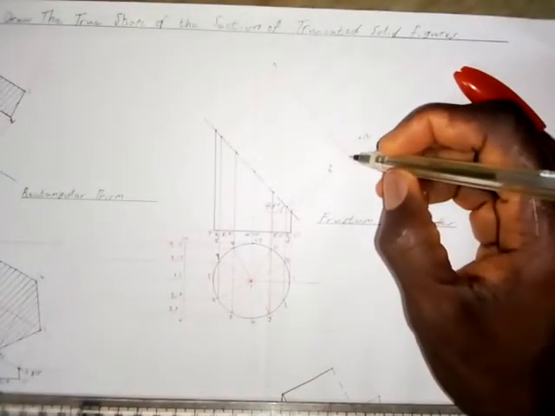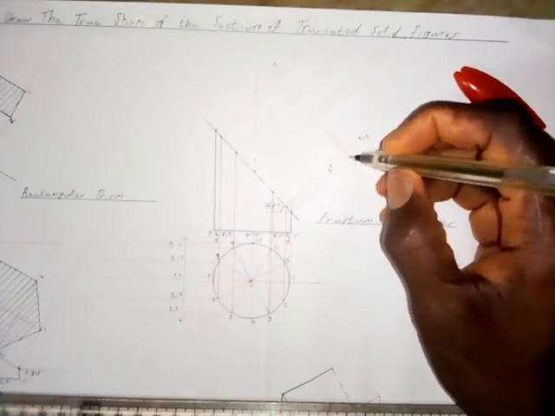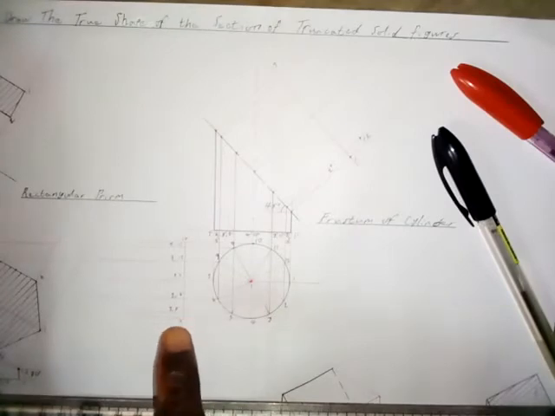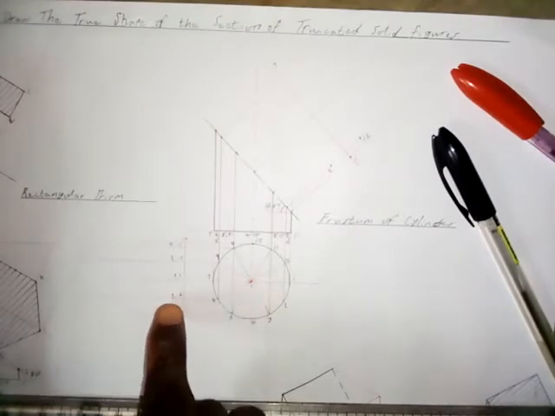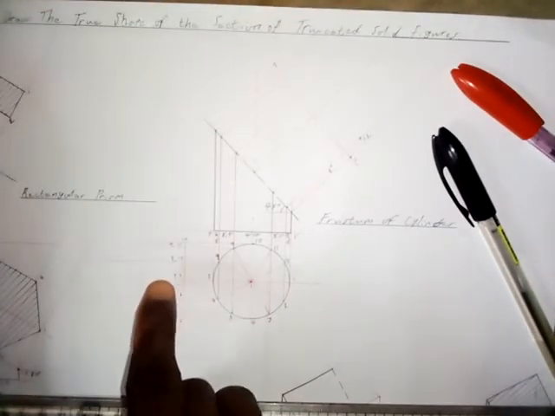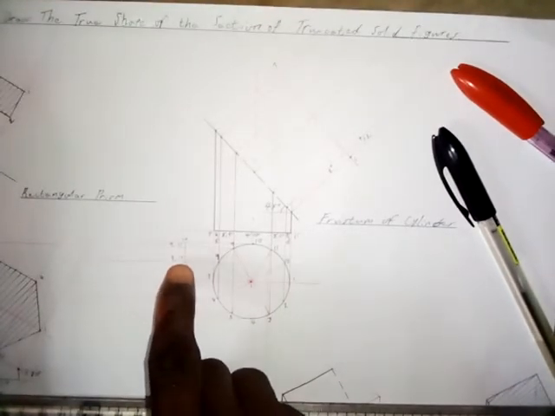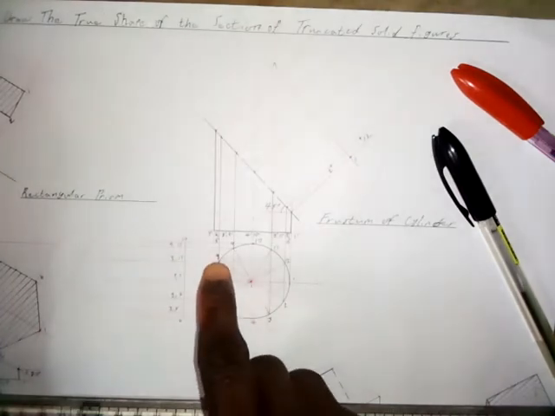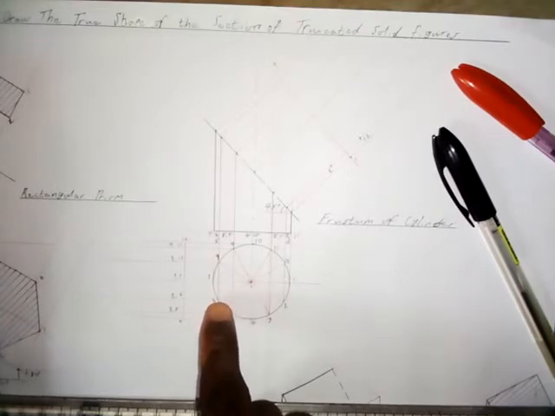Okay, so then don't forget, as I said, that 2, 6 also applies to 8, 12. If you look at what we have here, 6 and 8 are the same point. So trace it from here. This is line 6, 8.